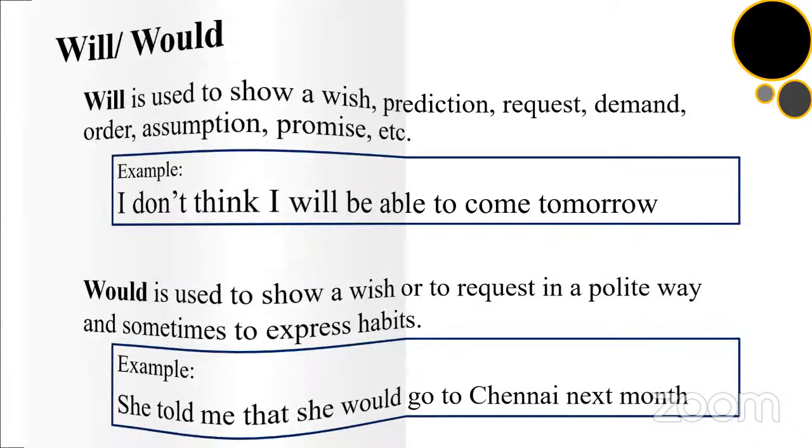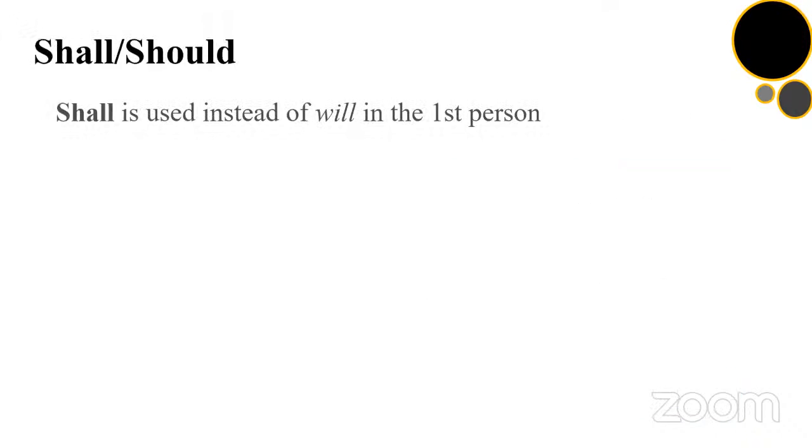So shall and should. Shall is used instead of will in the first person. Who is the first person? I and we. You remember that? Why are others not responding? You can unmute and respond, and then mute yourself again. Whenever you feel like responding, you can unmute and talk, fine?